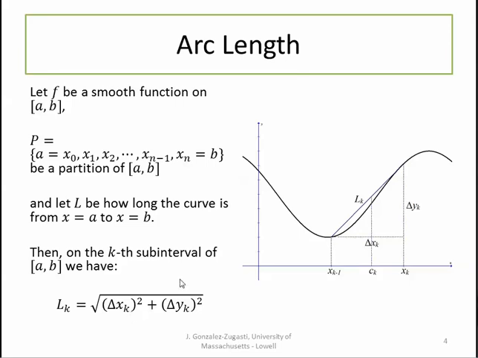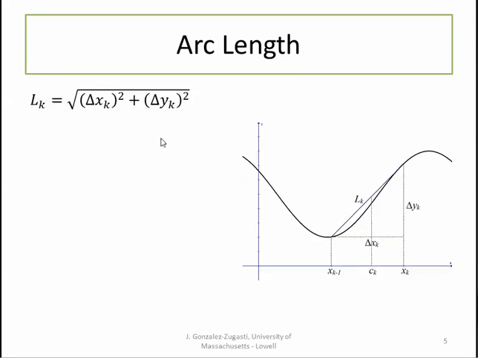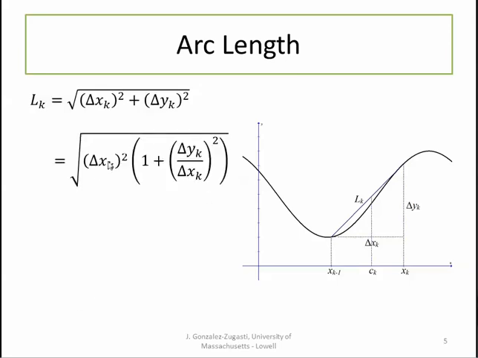All right, now let's do a little algebra. Let's take this equation and factor out delta x squared. And that becomes this. Now I can pull delta x sub k outside of the radical.